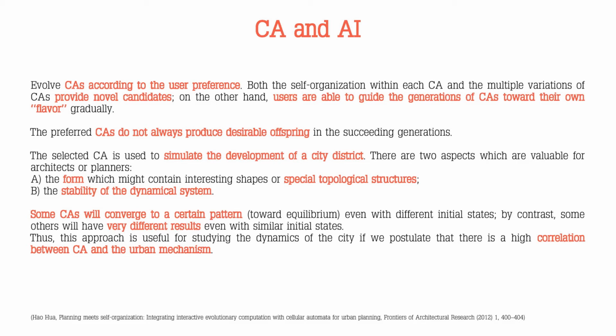Nevertheless, this method is very interesting for the planner, for the designer, because we understand that cellular automata could generate offspring, can generate results. These results are very useful for architects and for urban designers, simply because it can generate, with a very solid mathematical method, forms that the human being will never imagine. And by forms, I don't mean only the general form of the city, but also some structures of the city, some topological space, some typology, some morphology.